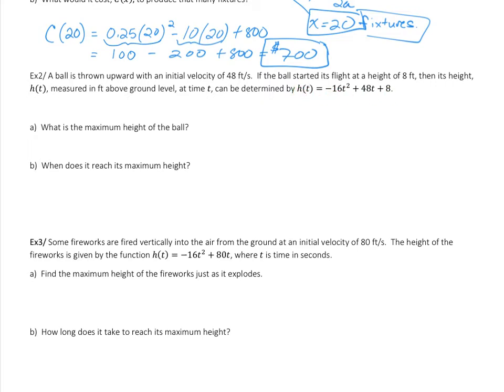So this one's slightly different. We don't have an x and an f of x. What we have here is t, and that's the variable being used here. And we have h of t.